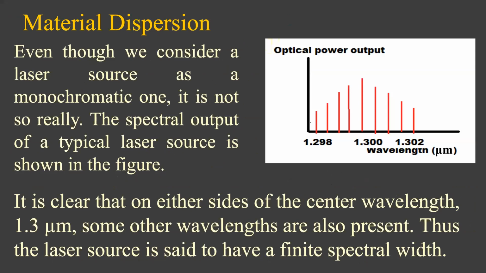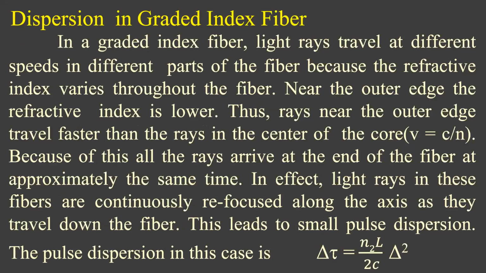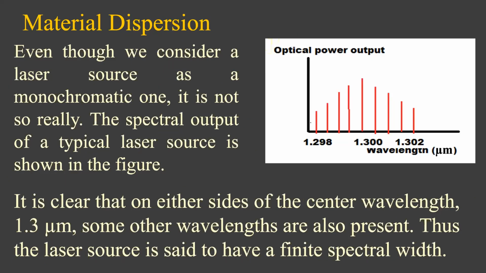Now, dispersion due to the material itself. Here the dispersion takes place because of the material. Even though we consider a laser source as a monochromatic one, it is not so really.